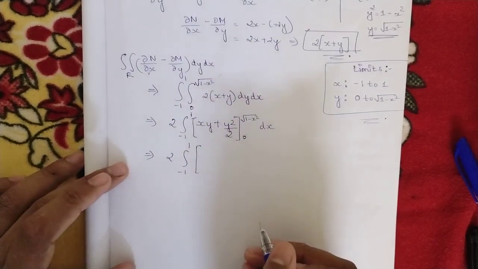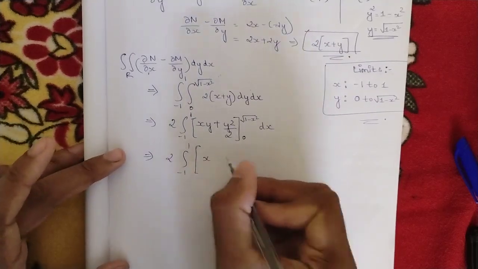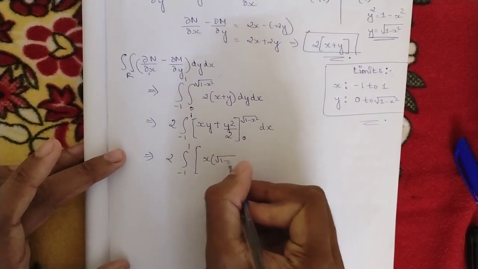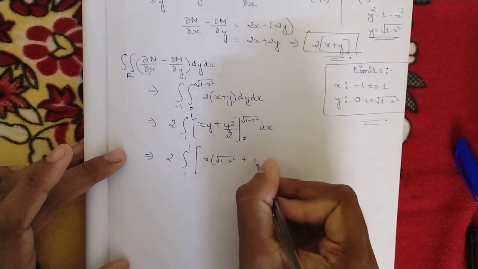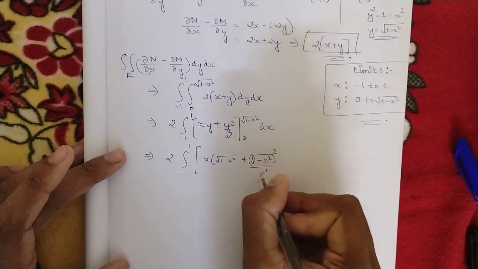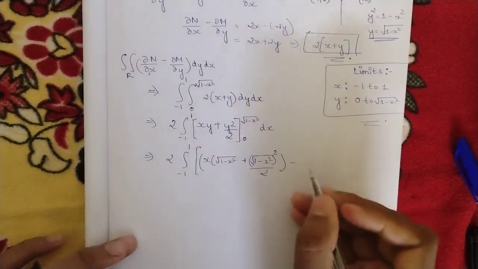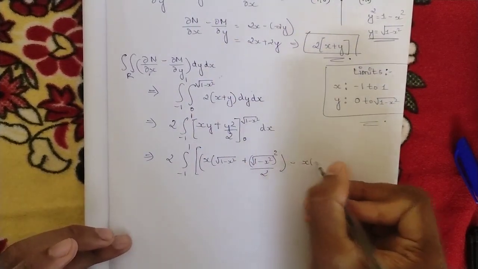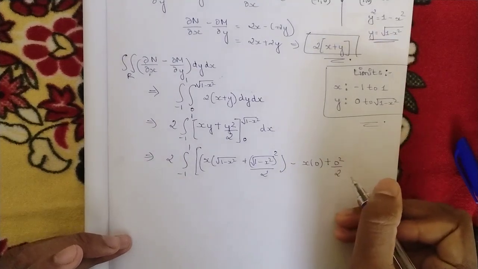So substitute the limits of y. In place of y you put the upper limit, that is x into square root of 1 minus x square plus square root of 1 minus x square the whole square by 2, minus the lower limit 0, that is x into 0 plus 0 square by 2.